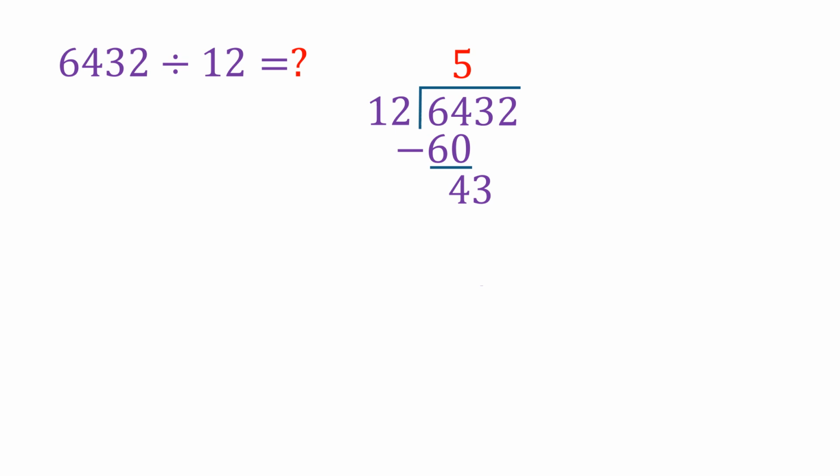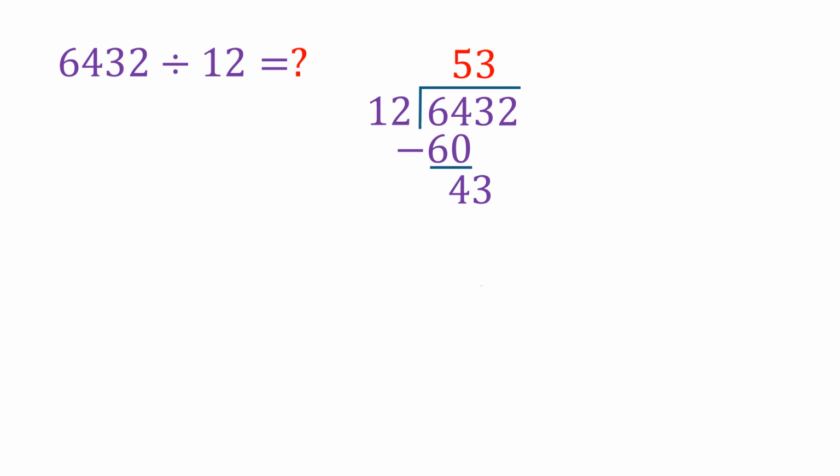There is still a closer one, which is 3. 3 times 12 is 36. If you go to 4, 4 times 12 is 48, which is more than 43. So it's not possible for us to use 4. So we're going to use 3.